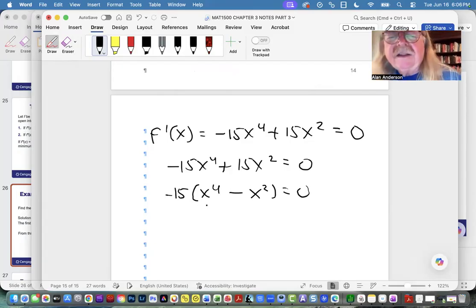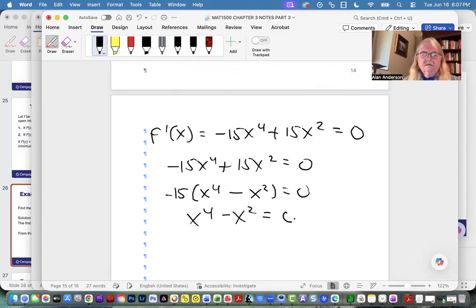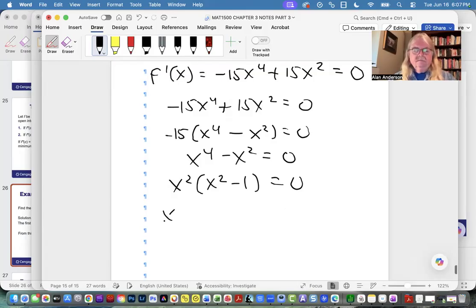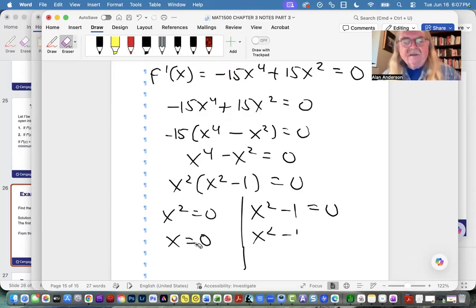So we could just divide out this negative 15. All right, now what? Now on the left, technically that's plus or minus zero, but we don't have to worry about that.